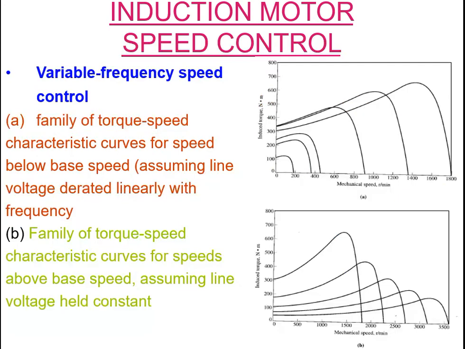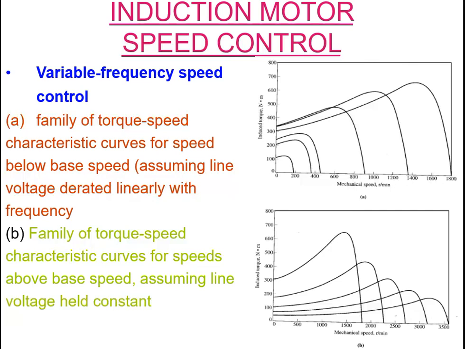Whenever we use variable frequency speed control, this is the corresponding graph which is attained. The first graph shows the family of torque speed characteristic curves for speeds below the base speed. Here I am assuming the line voltage is derated linearly with frequency.